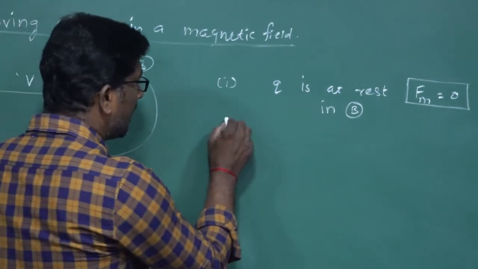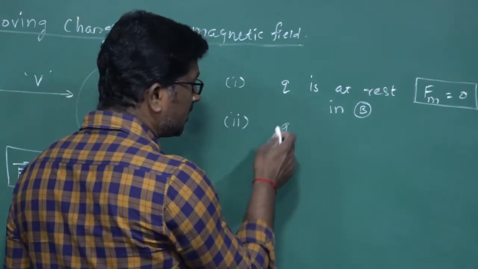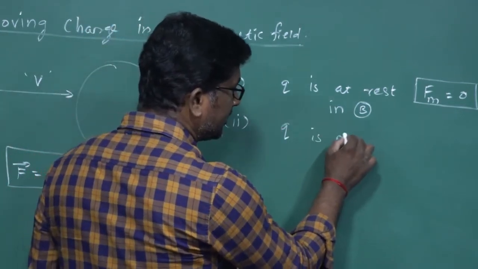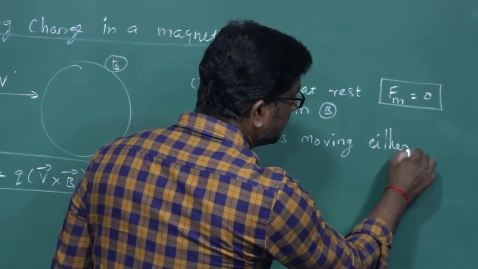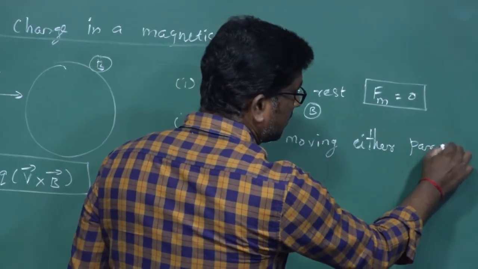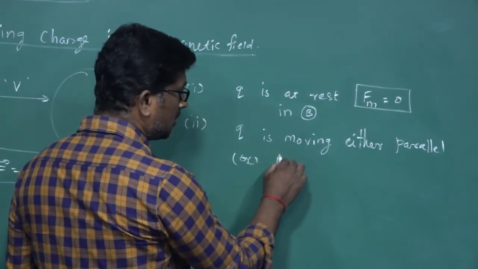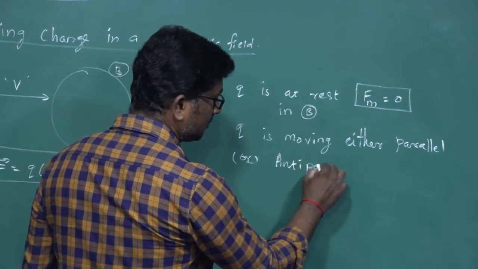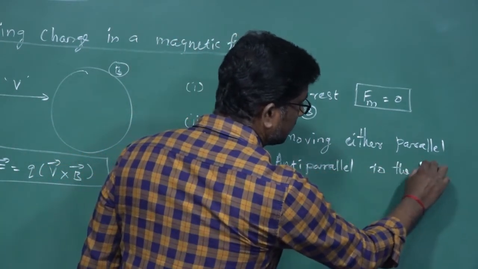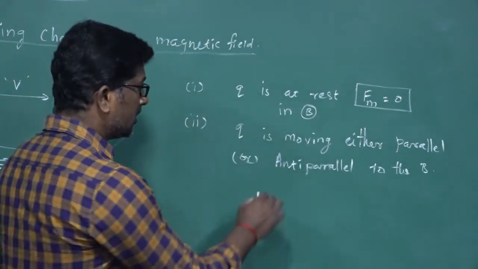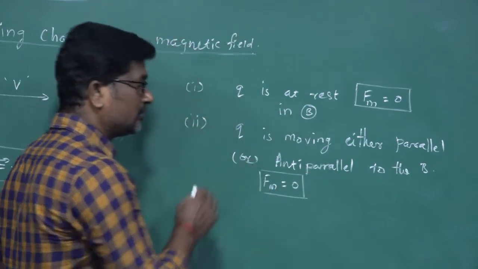And the second case, if the charged particle, that is Q, is moving either parallel or anti-parallel to the magnetic field, the magnetic force acting on the charged particle is once again 0.